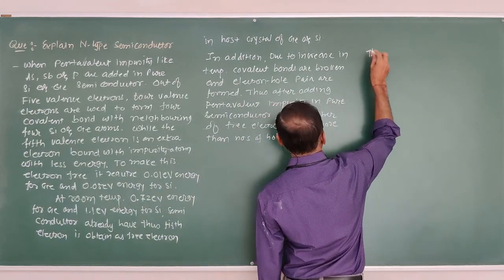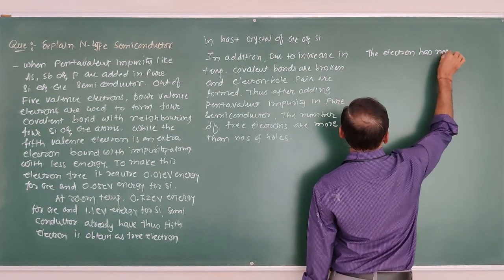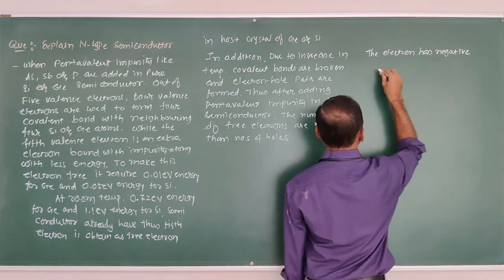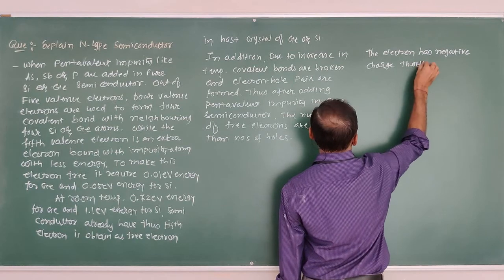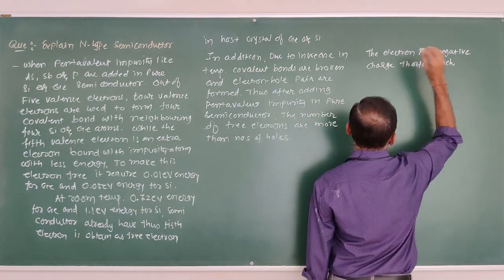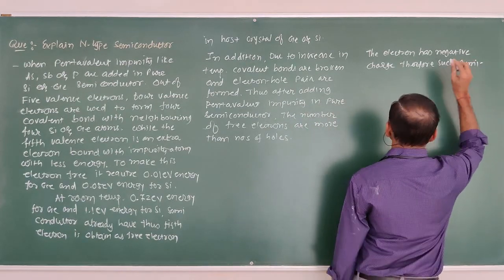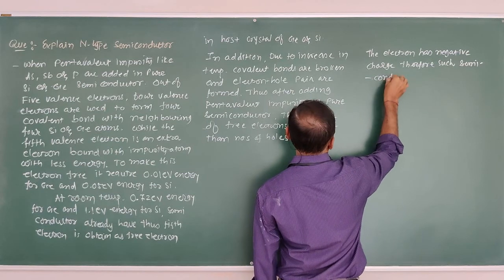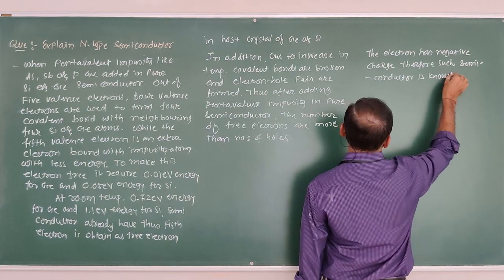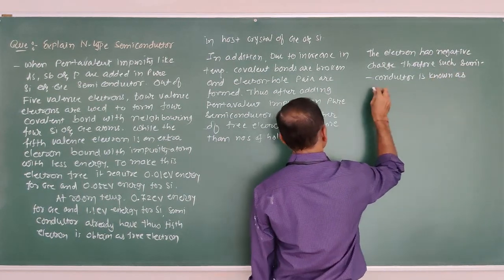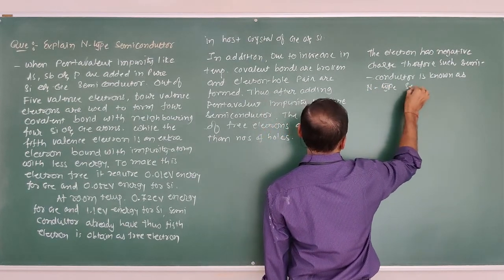The electron has negative charge, therefore such a semiconductor is known as N-type semiconductor.